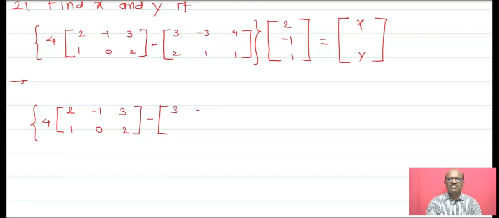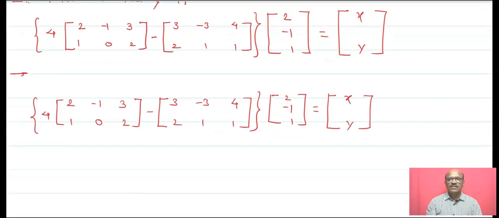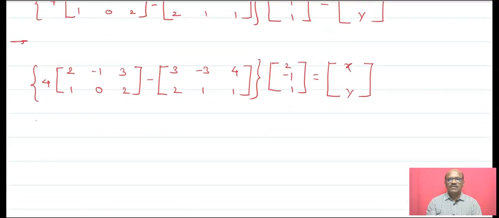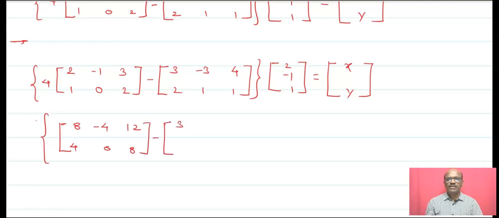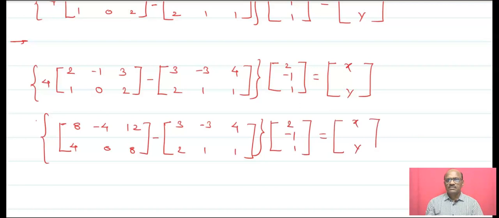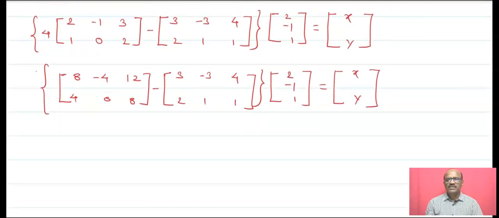Now simple multiplication is there on the left hand side. The first matrix is multiplied by 4, therefore their respective multiplication is there, and on the right hand side [x, y].